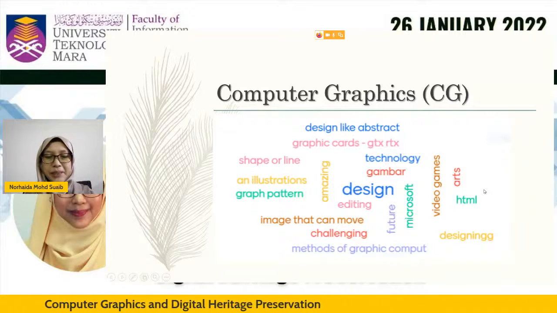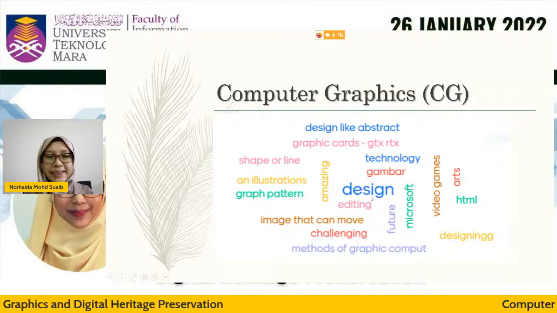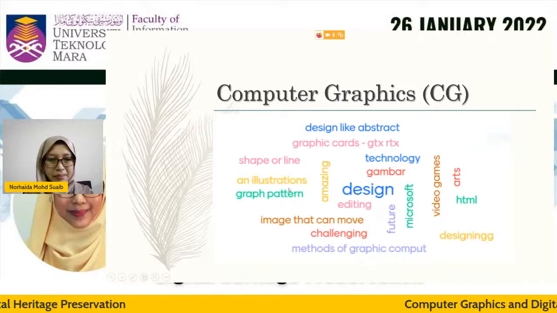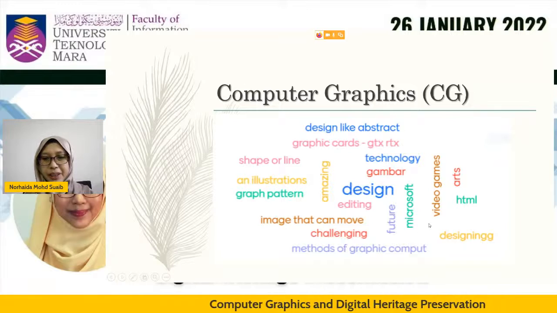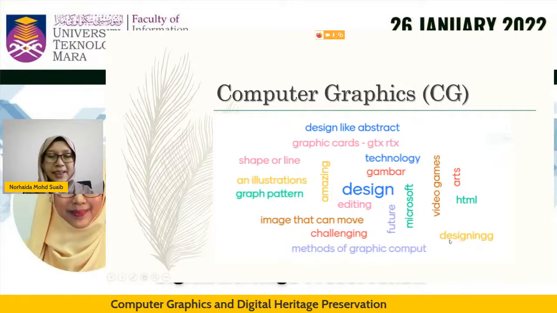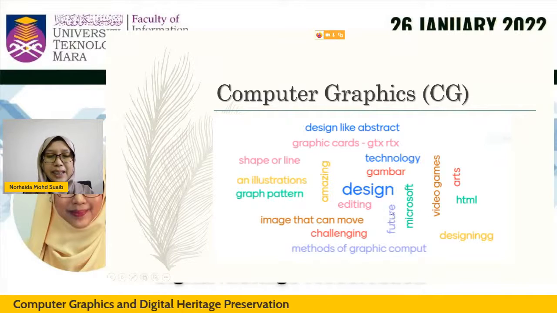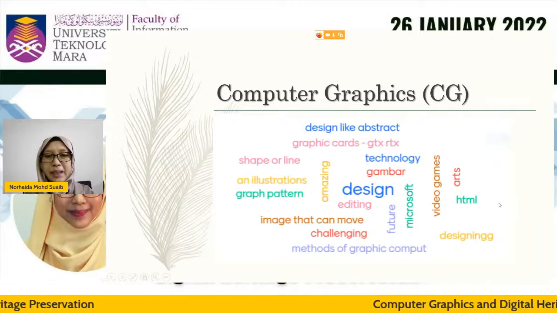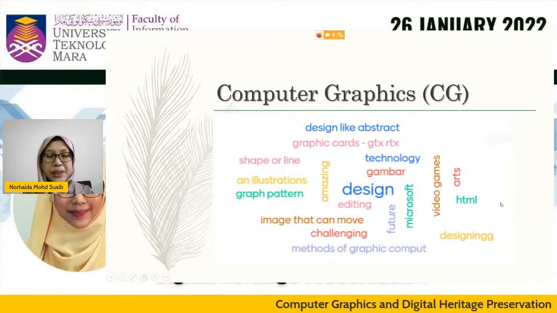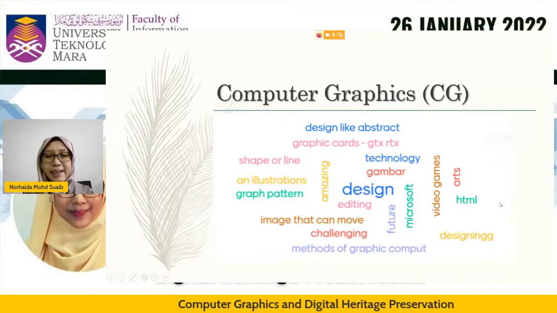So as you can see from the word cloud, design, illustration, and then what else? Video games, and then again design. These keywords, especially design, come frequently into their minds. Of course, computer graphics also deals with design, arts, and everything.